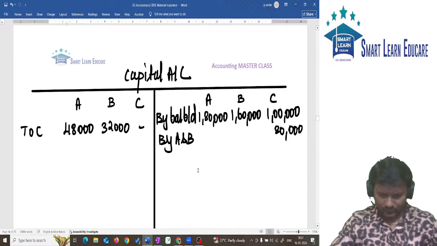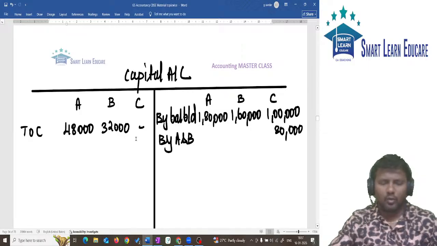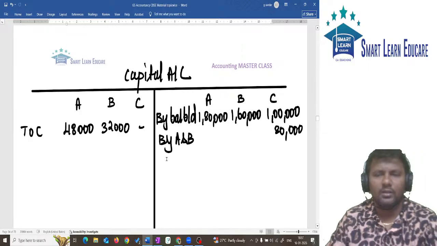So opening balance over, goodwill over, then reserve.